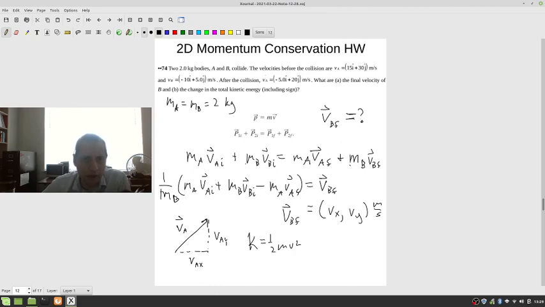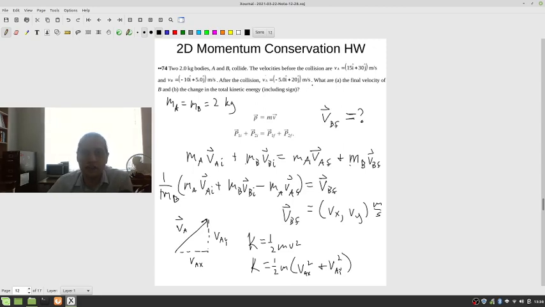But I know from Pythagorean theorem that if I wanted to do that, another way I could write that is 1/2 m VAx squared plus VAy squared.